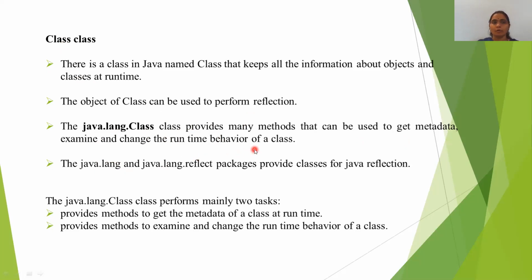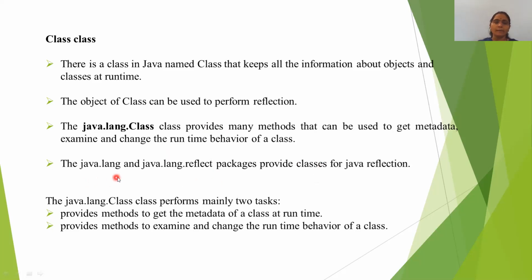Metadata means what? Data about data. This Class is one of the built-in reflection classes, and that is generally used to get the information. Metadata means data about data: the data about the class, the constructor, and the method, and that's why the word metadata is used here. The java.lang and java.lang.reflect packages provide the classes for Java reflection.